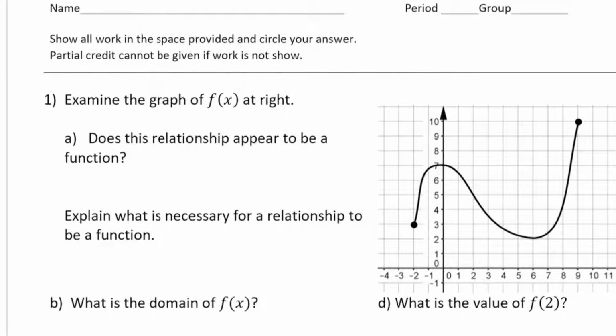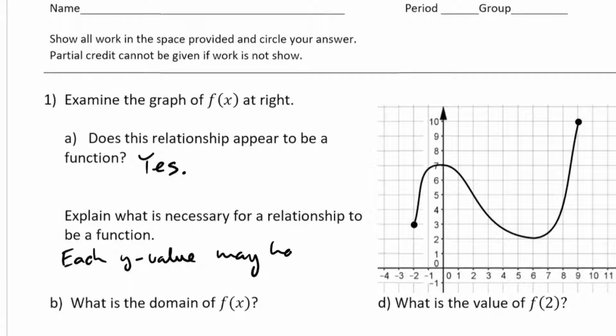So for this particular one, does this relationship appear to be a function? I would say yes. And to explain, I would say each y value may have at most, because sometimes it's got nothing, but it can have at most one x value, right?